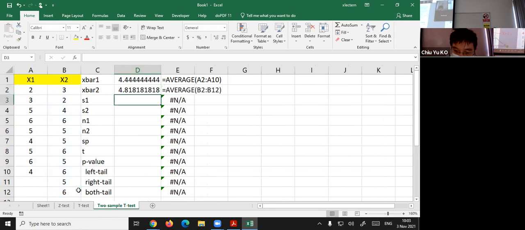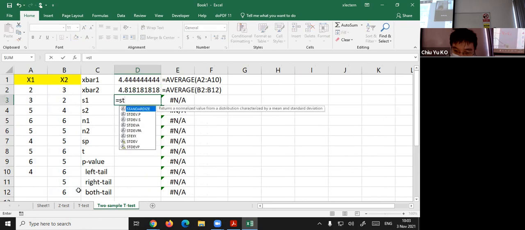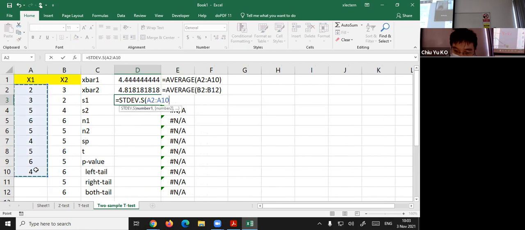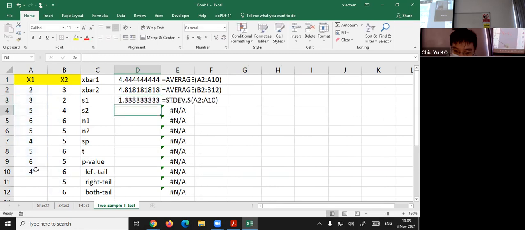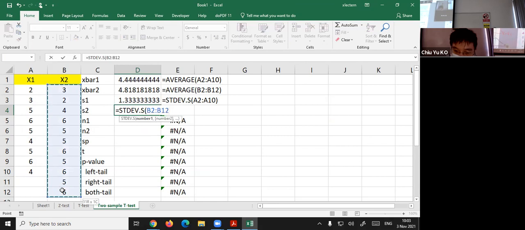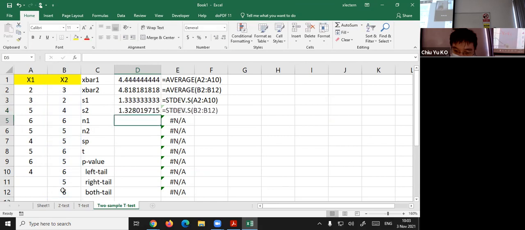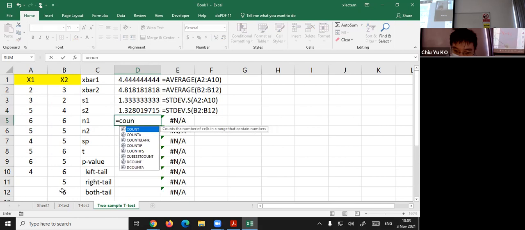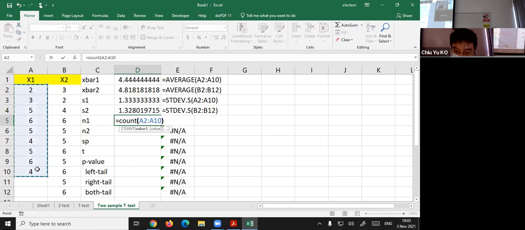There's nothing new here. S1 will be just the sample standard deviation of X1. S2 will be the standard deviation of X2. And N1 will be just the count of X1.